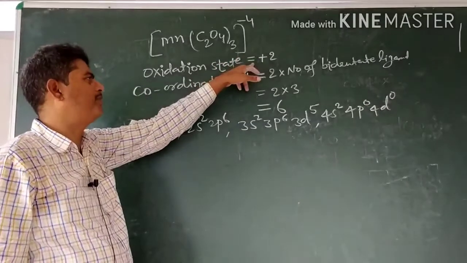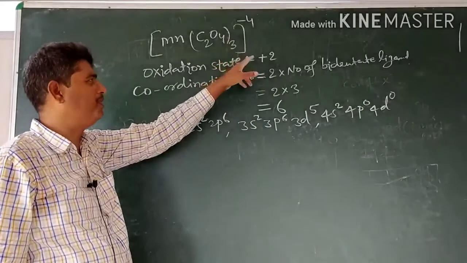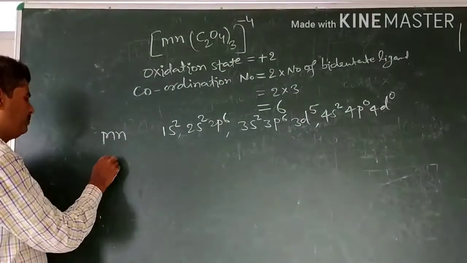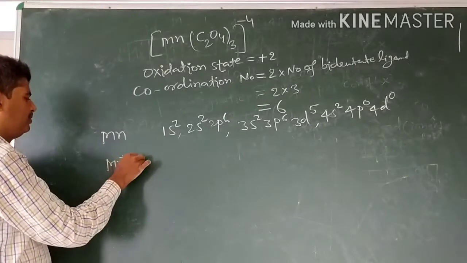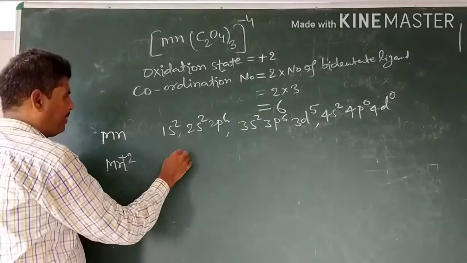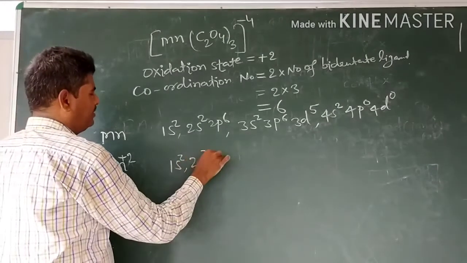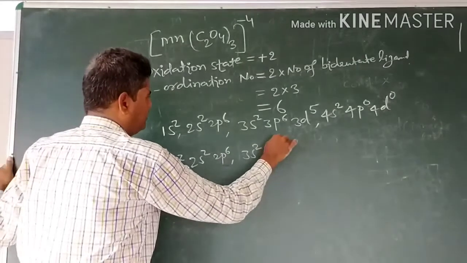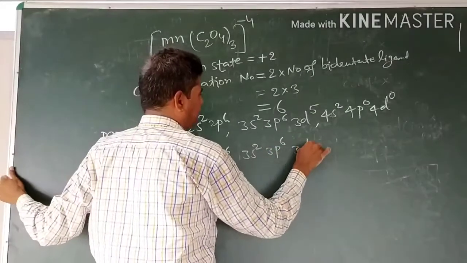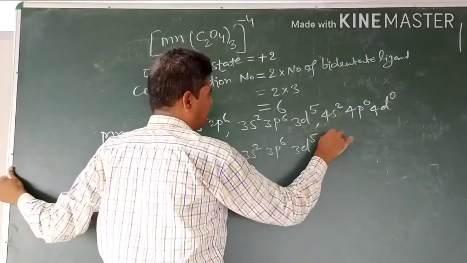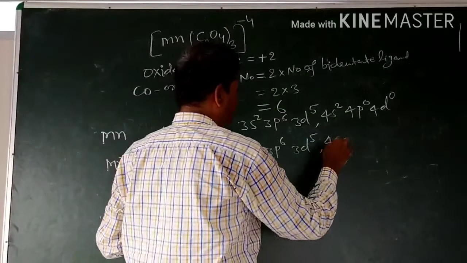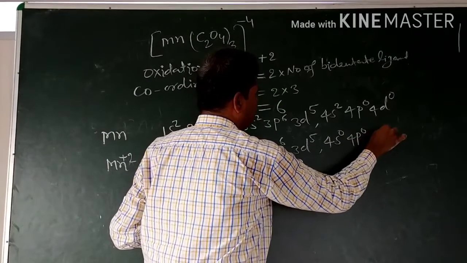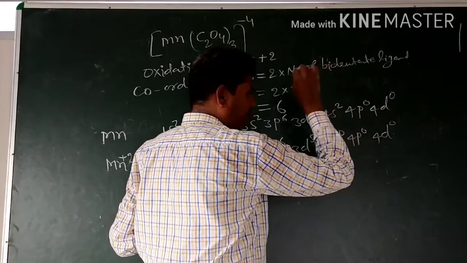With oxidation number +2, we will remove 2 electrons from the 4s. Mn+2: 4s0, 4p0, 4d0.